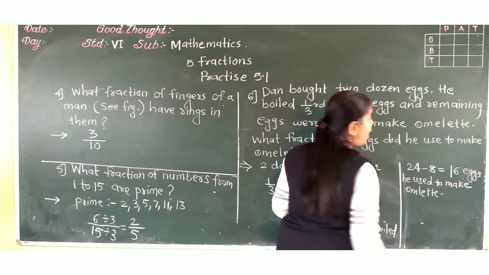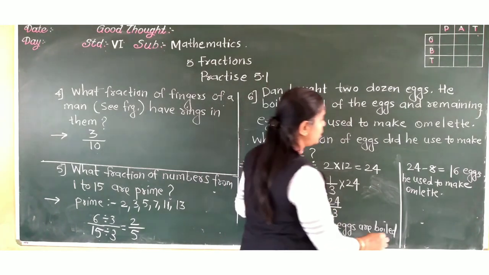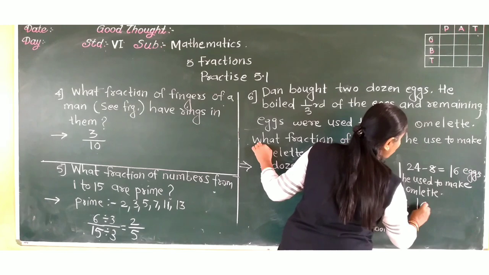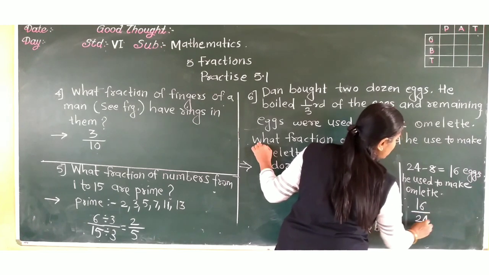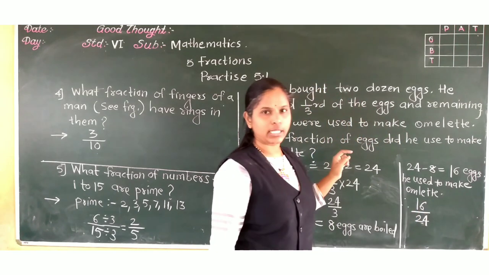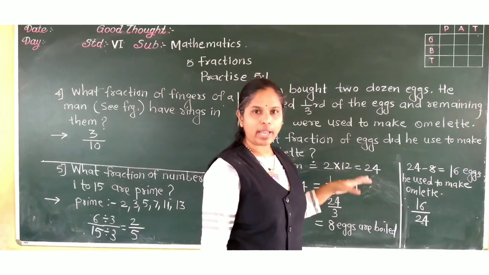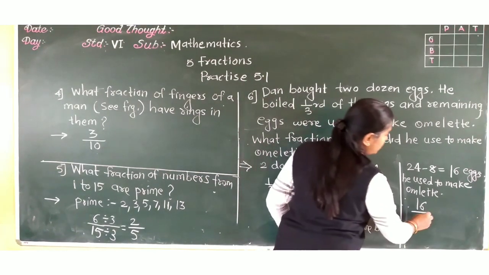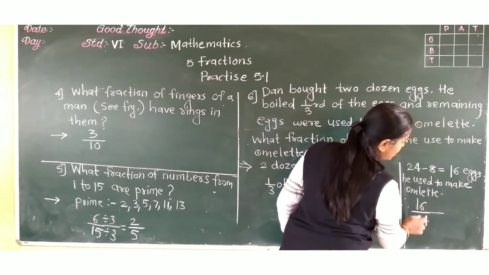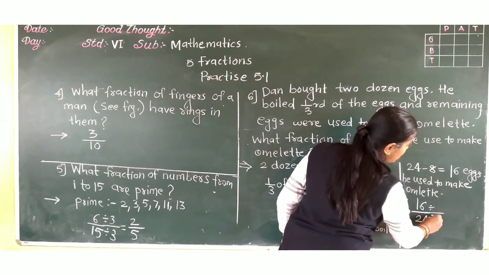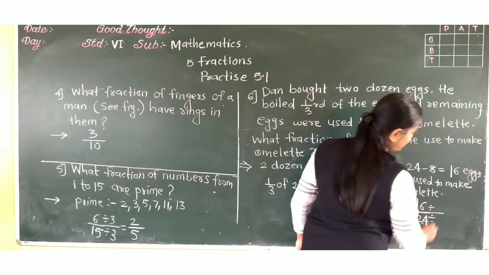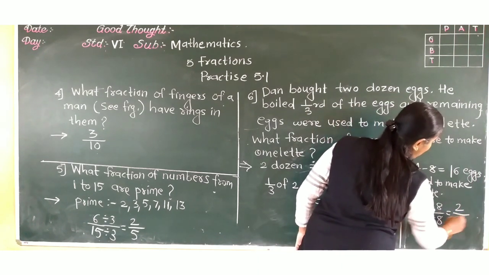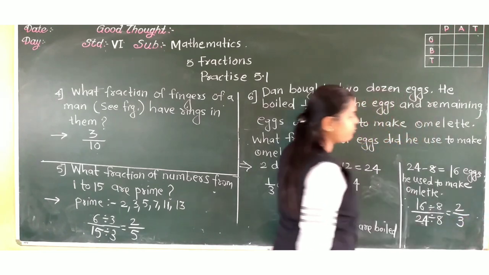Okay, so what is the fraction? How to write the fraction? Therefore, 16 eggs out of 24 he used to make an omelette. So divide 16 by 24. Both numbers are there in which table? 8's table. Correct? So 8 2s are 16 and 8 3s are 24.